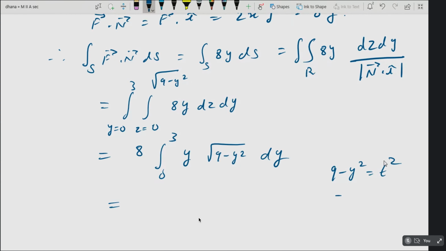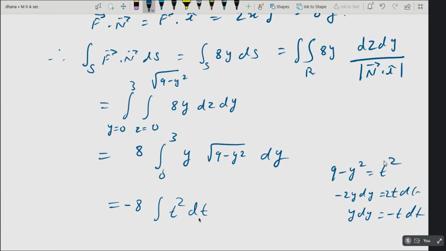So minus 2y dy is equal to 2t dt, that means y dy is equal to minus t dt. So this is an integral with a minus sign, y dy is t dt and this is t square, so I will get t square. Are you able to understand all of this, what I have done here?